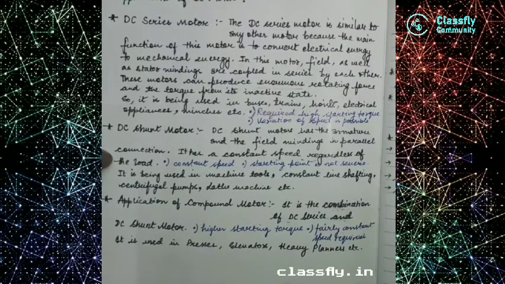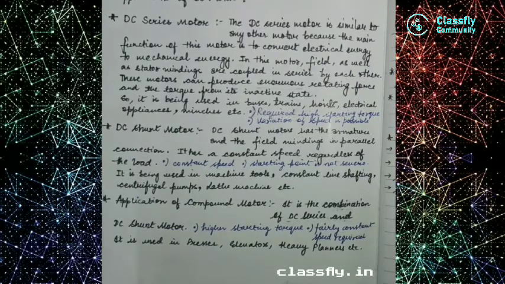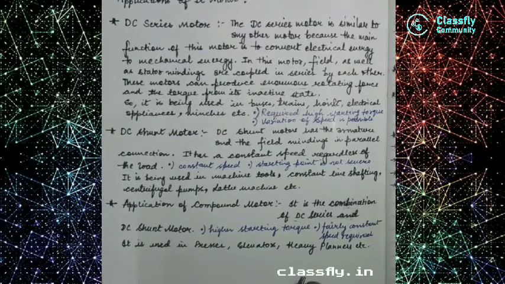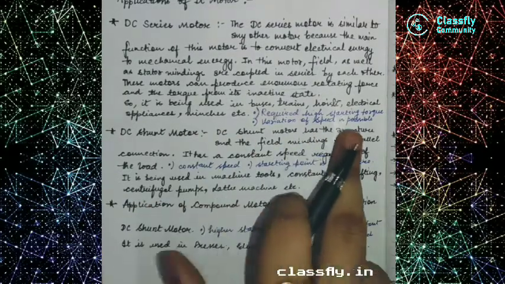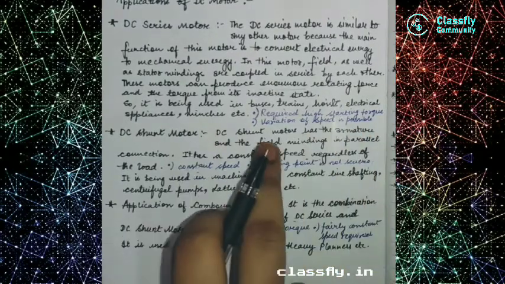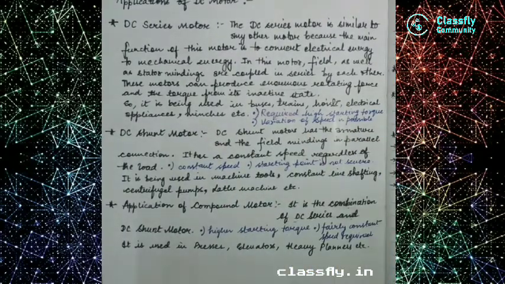The next motor is the shunt motor, that means the DC shunt motor. Shunt means parallel. We have done the DC series motor, so we should also know about the DC parallel motor. In other words, we say it as DC shunt motor. The DC shunt motor has the armature and the field winding in parallel connection.